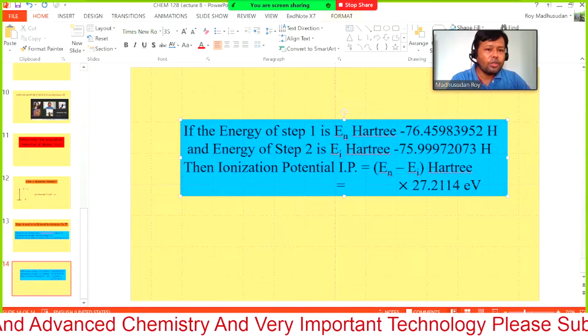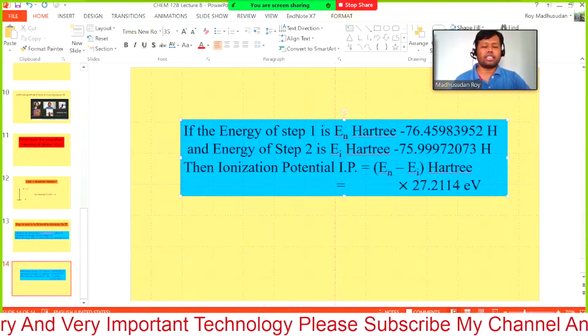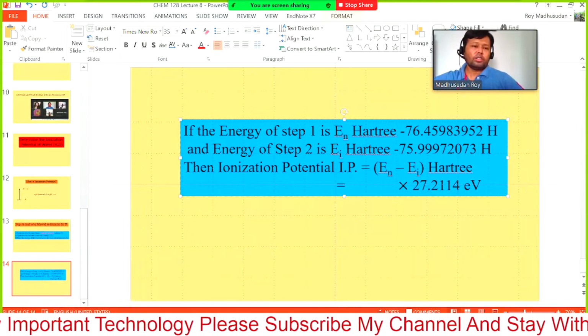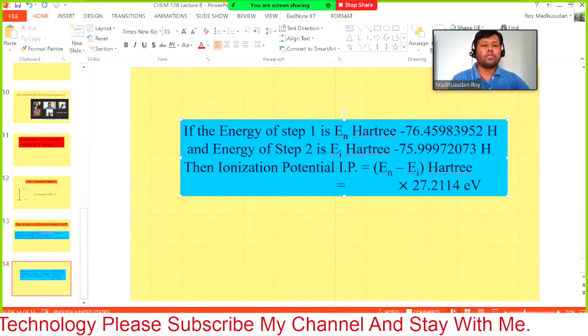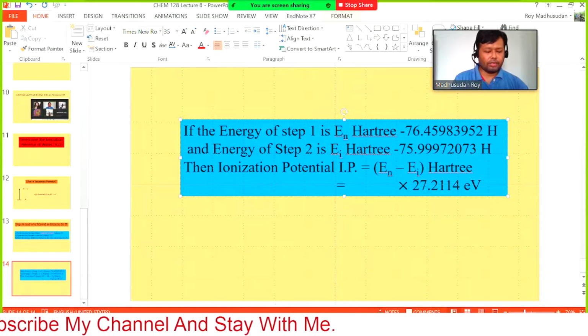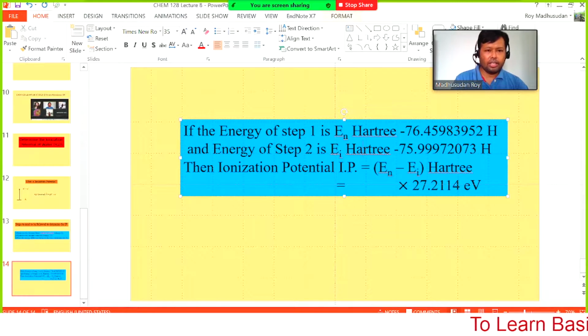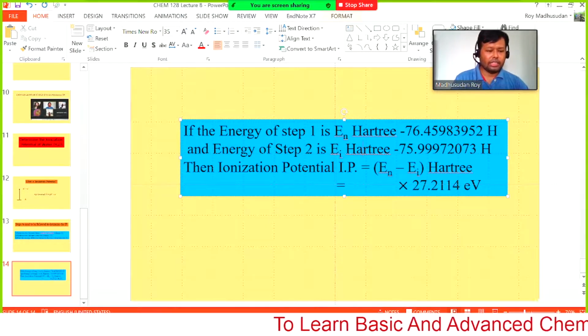So now just subtract these two energy values. You can use the Excel file or you can use a calculator. So we will subtract: 76.4598395 minus 75.999720073.